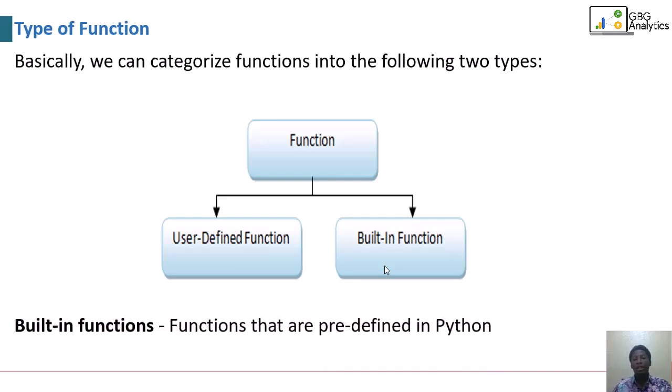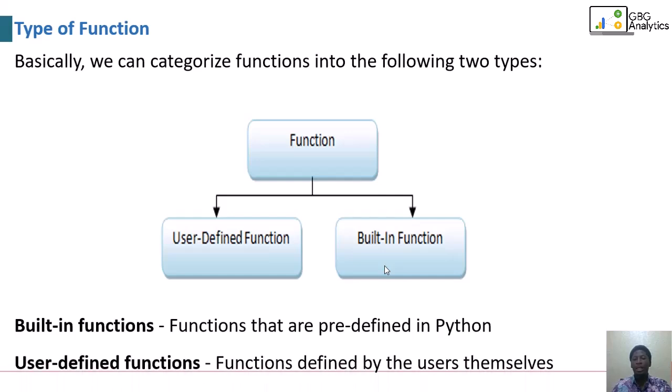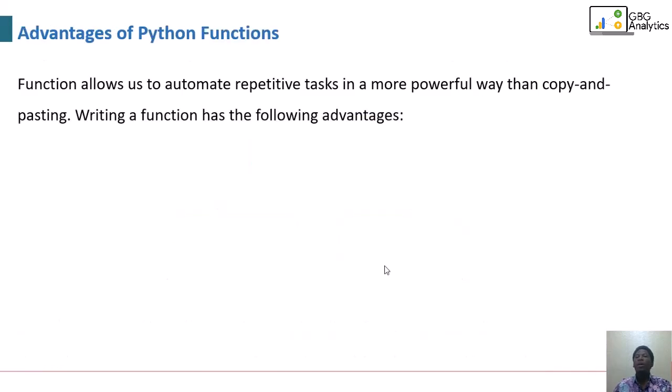A user-defined function is a function that you write by yourself, while an inbuilt function is a function that is pre-installed or predefined in Python. Functions allow us to automate a repetitive task in a powerful way instead of doing copy and paste.